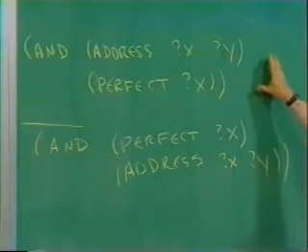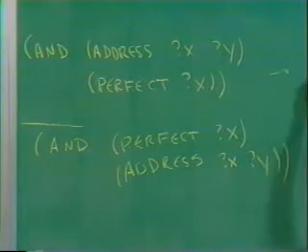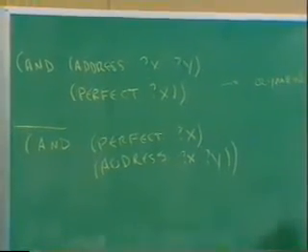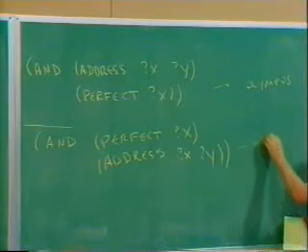This query is going to give us an answer. This query will say, yeah, Mount Olympus. This query, in fact, is going to give us nothing. It'll say, no addresses of perfect beings.